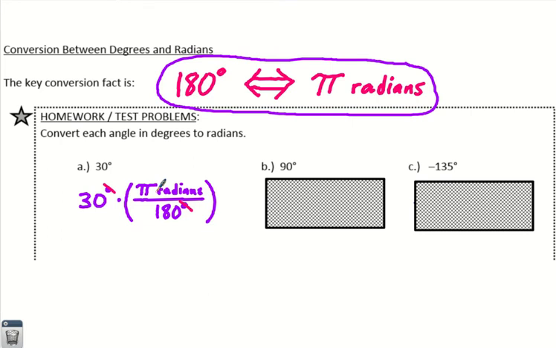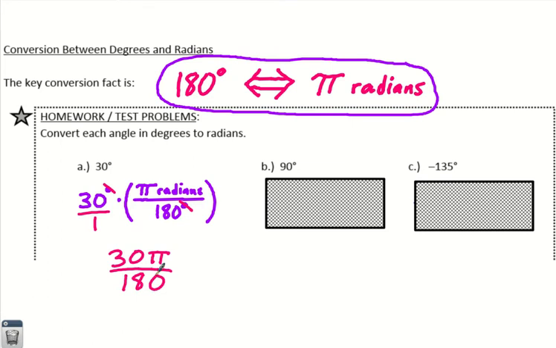Radians. So degrees go away, and we end up with something in radians. And from there, now we just have to multiply this together. If you want to think of it as a fraction times a fraction, that's fine. So how do we multiply two fractions together? We multiply across: numerator times numerator and denominator times denominator. Is that a good final answer?